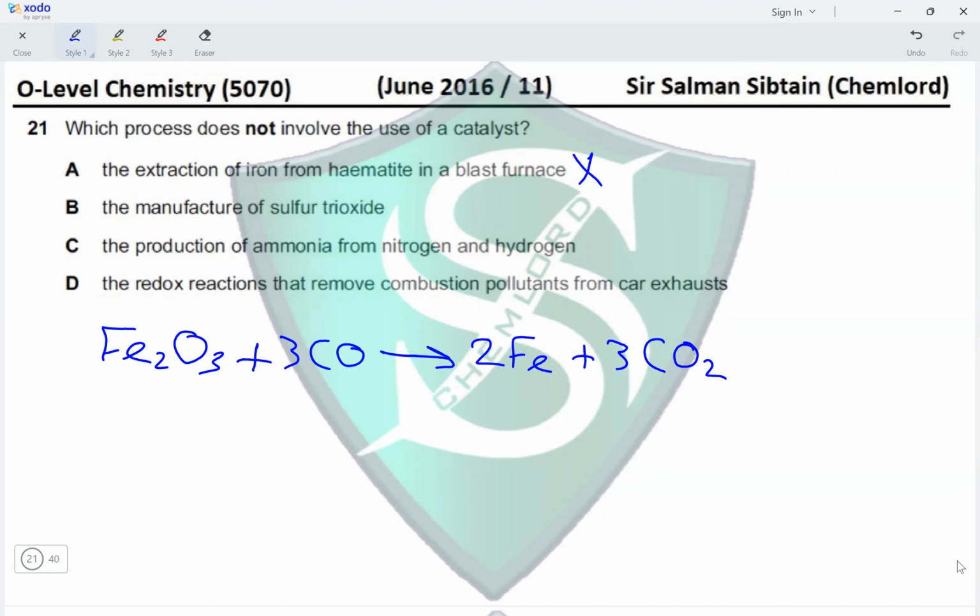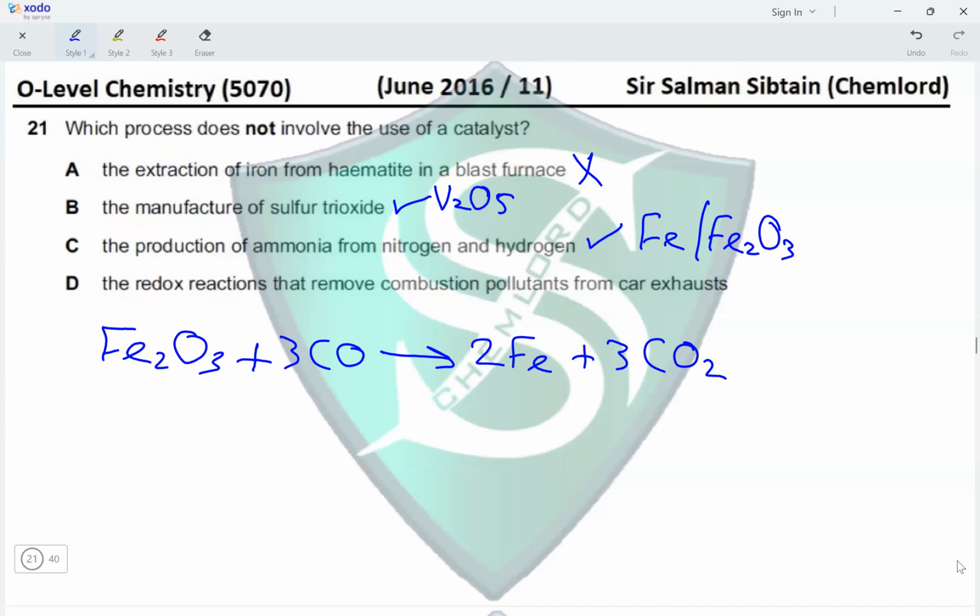The manufacture of sulfur trioxide. This involves a catalyst, V2O5. The production of ammonia from nitrogen and hydrogen involves a catalyst, either iron or Fe2O3. And the redox reaction that removes combustion pollutants from car exhaust.